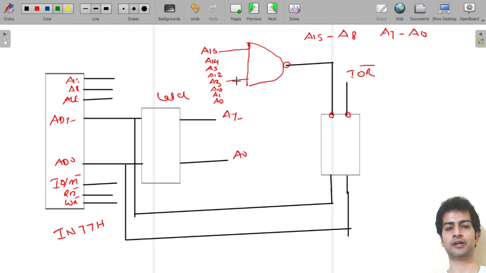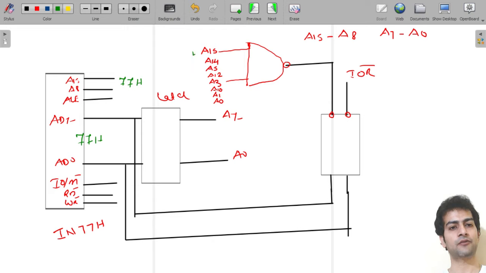Very important, listen to it carefully. Will it work? I will say yes, it will work. See how? I told you that this 77H will come here, and this same address 77H will also get copied at the higher order address lines.